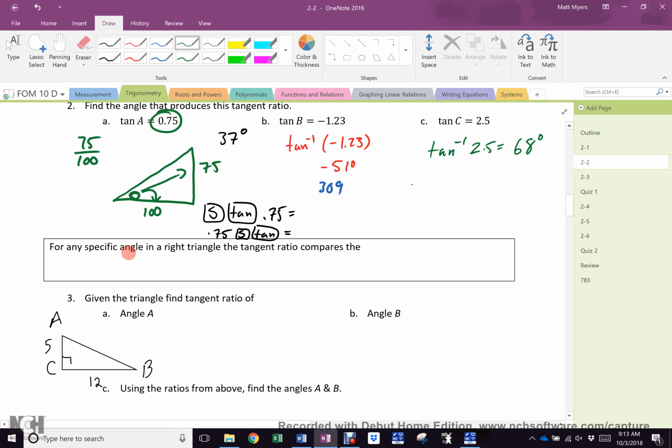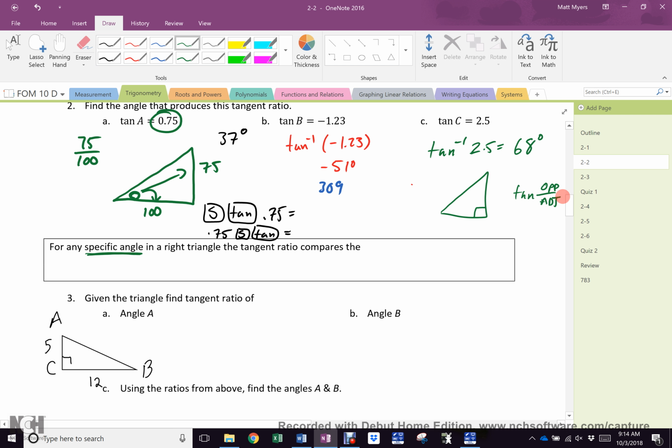So we remember, for any specific angle. Now, there's one angle in the triangle this doesn't work for. Which is it? Here's my triangle, right? There's a 90. Tan has nothing to do with the hypotenuse. It only works with the legs, yes? And we already know that tan is opposite side over adjacent side, yes?